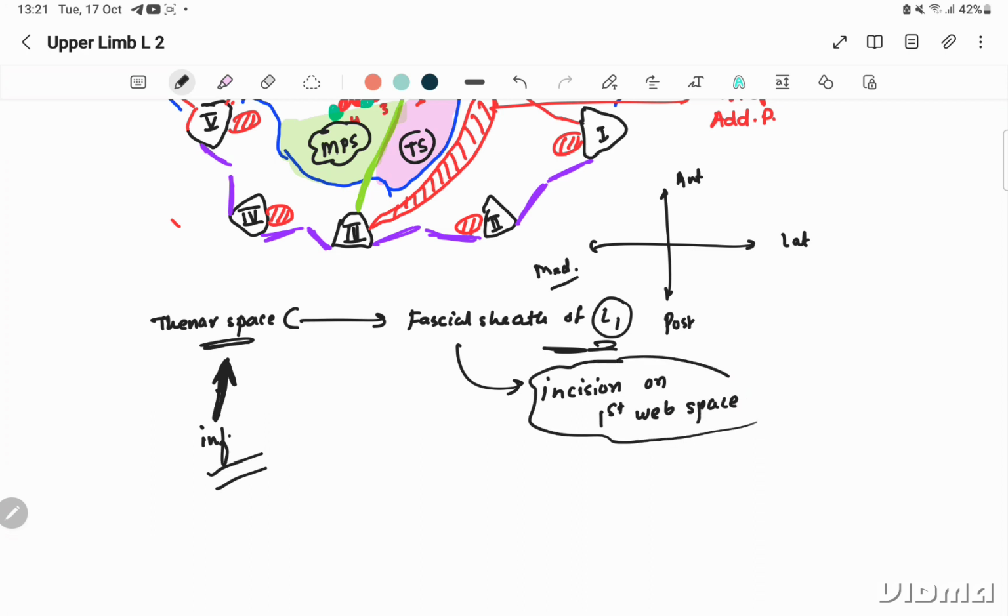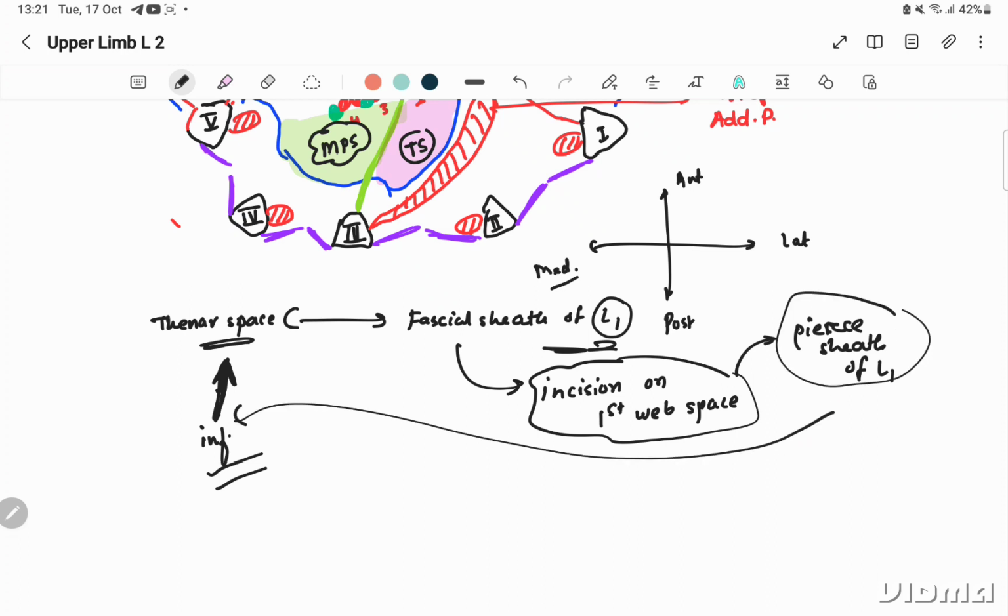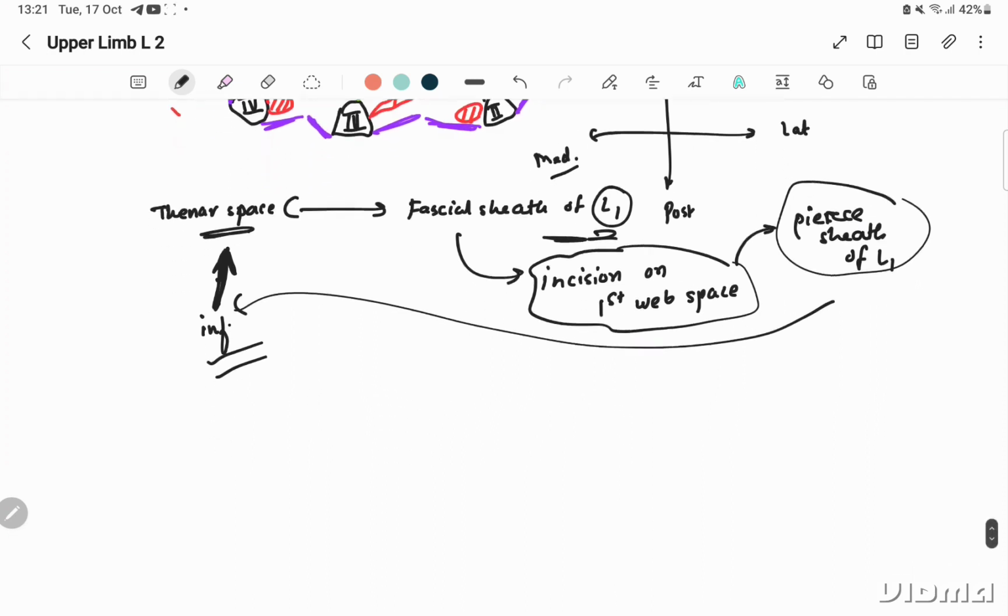If you put the incision on the first web space, it will pierce the sheath of L1, and as L1 and the thenar space are communicating, you can drain the infection easily. Like that, the mid palmar space communicates with the fascial sheath of L2, L3, L4.